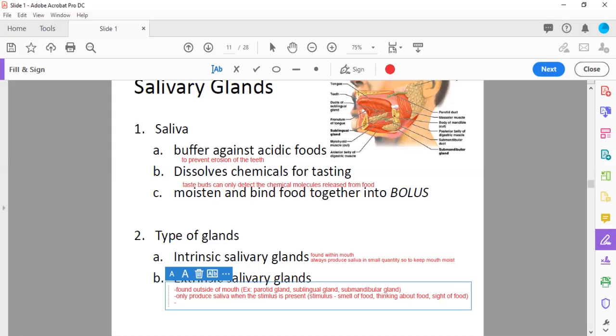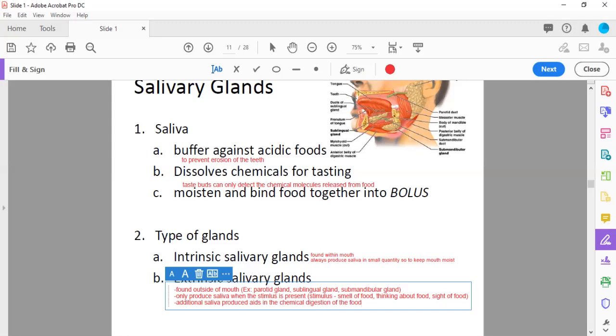And the additional saliva produced aids in the chemical digestion of food.